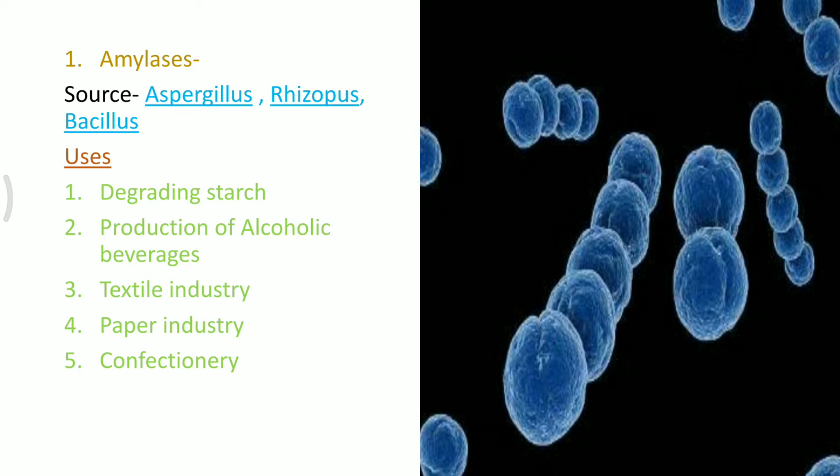And in case of bakery industries and confectionaries, we also require the presence of amylases, or we can extract the amylases from the bakery industries. Because they all are using these three types of microorganisms for their functioning, we can extract the amylases from them.